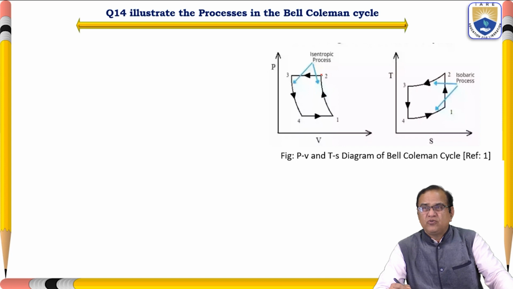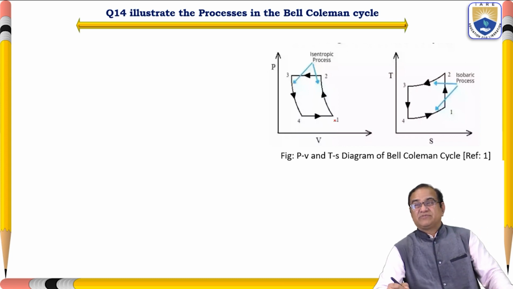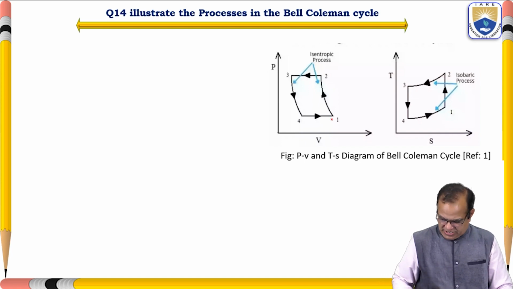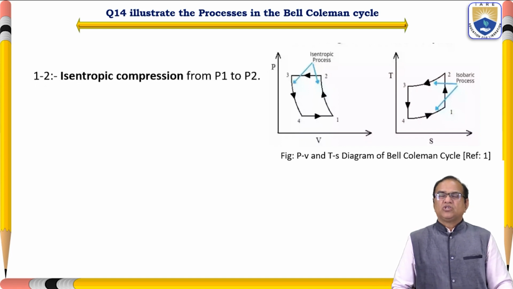So 1 to 2 is isentropic compression, 2 to 3 is isobaric heat rejection, 3 to 4 is isentropic expansion, and 4 to 1 is heat absorption at constant pressure. So 1 to 2 is isentropic compression from P1 to P2.